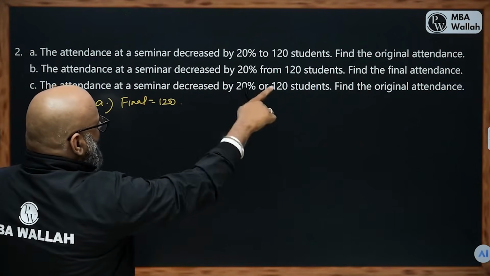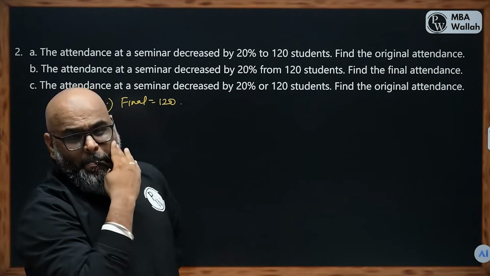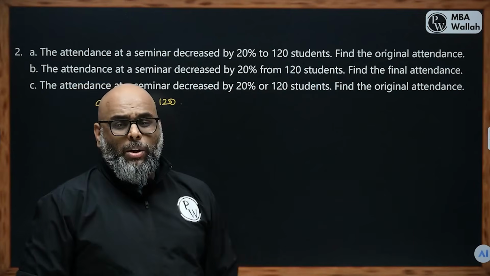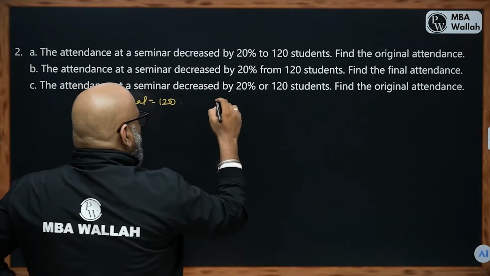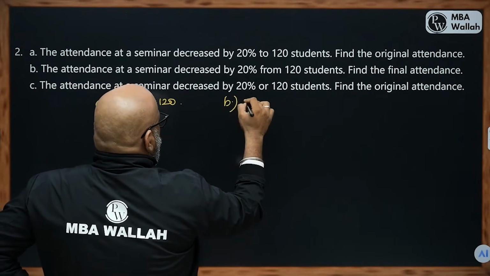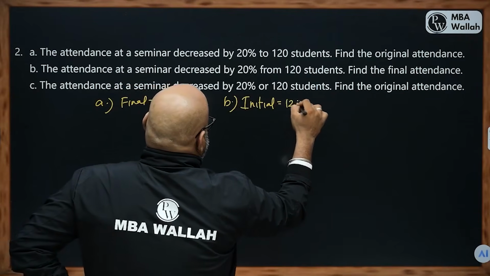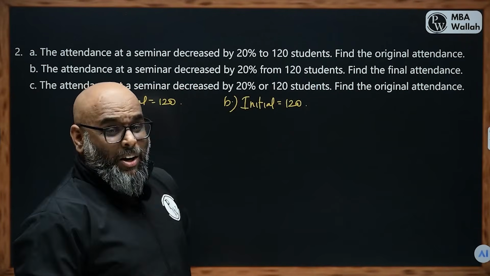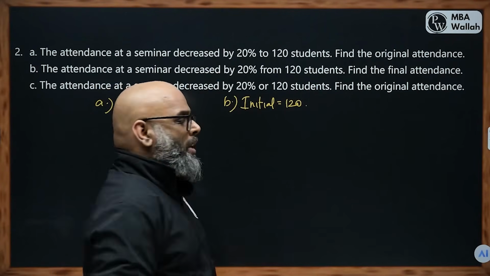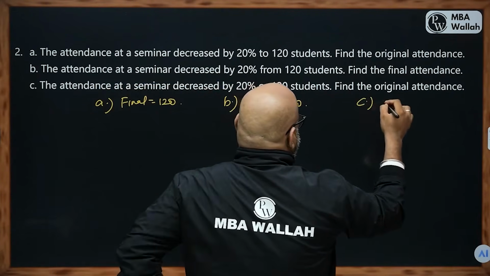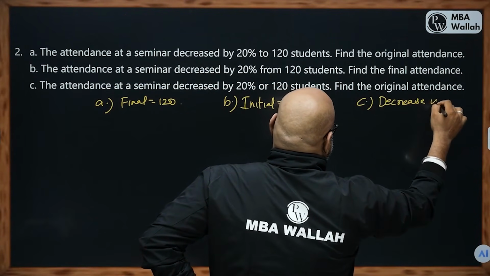But when you look at the second question, it decreased by 20% from 120 students, which means initially there were 120 students, then it decreased by 20%. The initial value is equal to 120. Whereas in the third question, you can either say decreased by 20% or 120 students, or it is simply telling you that the decrease is 120.